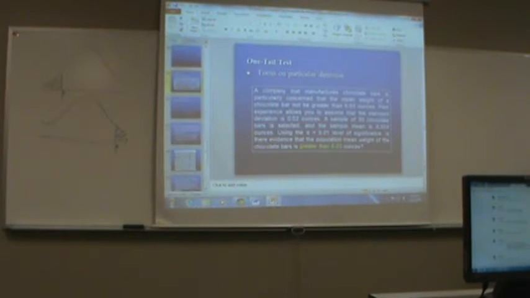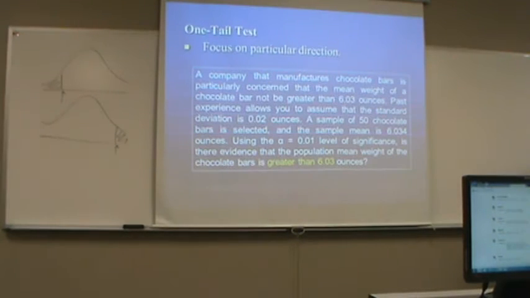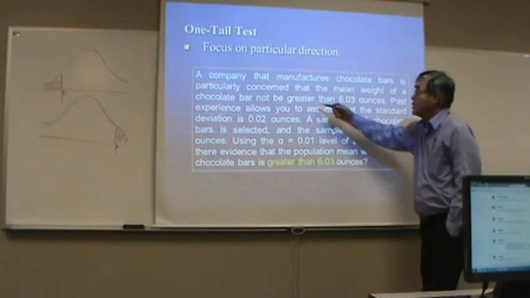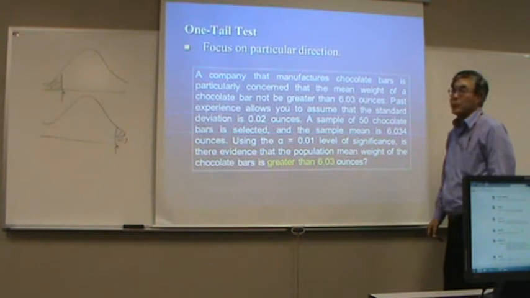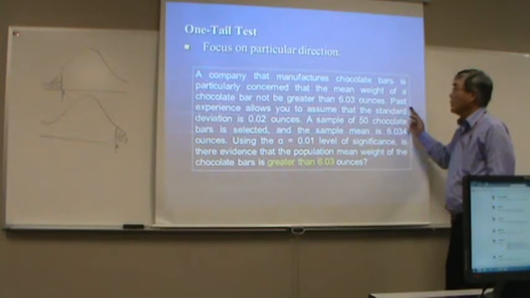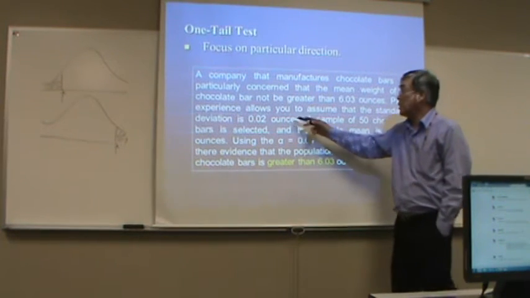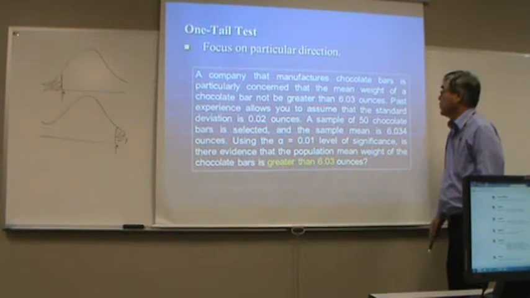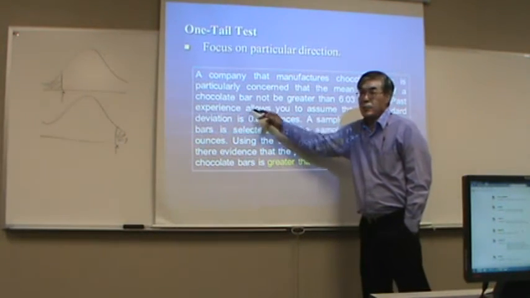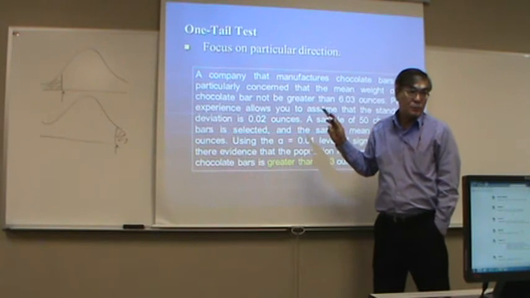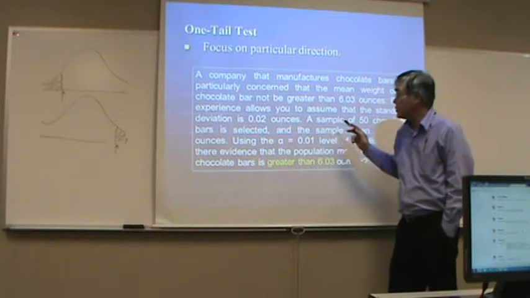An example. A company that manufactures chocolate bars is particularly concerned that the mean weight of a chocolate bar not be greater than 6.03 ounces. Past experience allows you to assume that the standard deviation is 0.02, the population standard deviation.